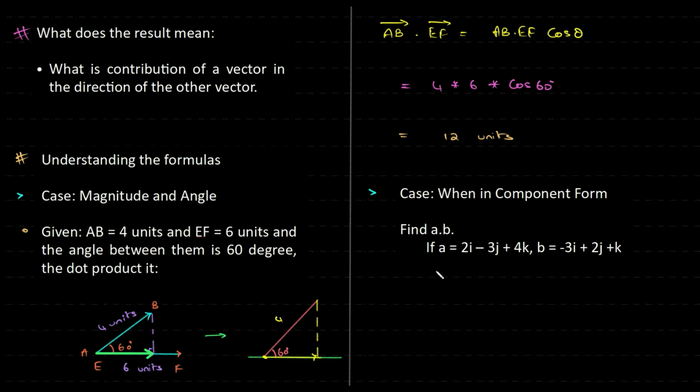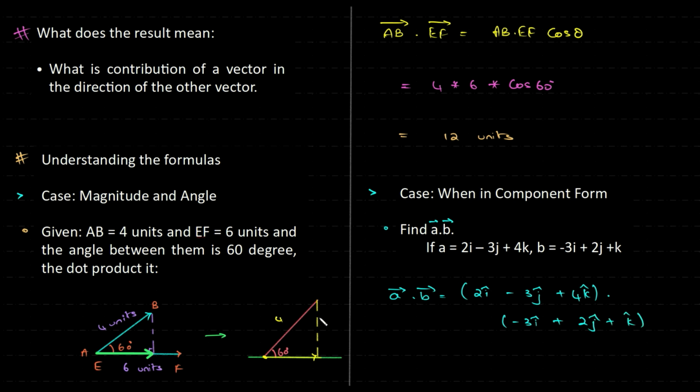Okay. Now, same funda, that is a dot product between two vectors A and B, which are in component form, is given by 2i cap minus 3j cap plus 4k cap dot of minus 3i cap plus 2j cap plus k cap.